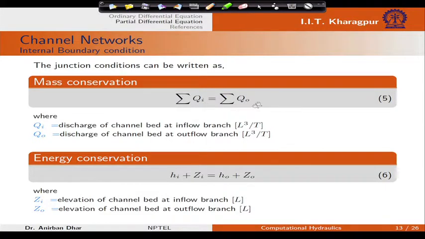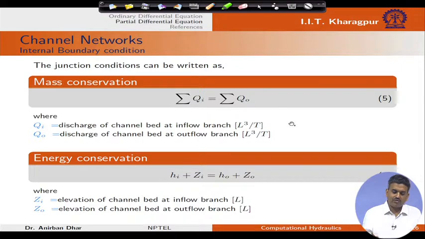So, junction conditions: your inflow and outflow in a particular junction should be the same, and energy conservation, if we do not consider this velocity head, then we can simplify with this form.